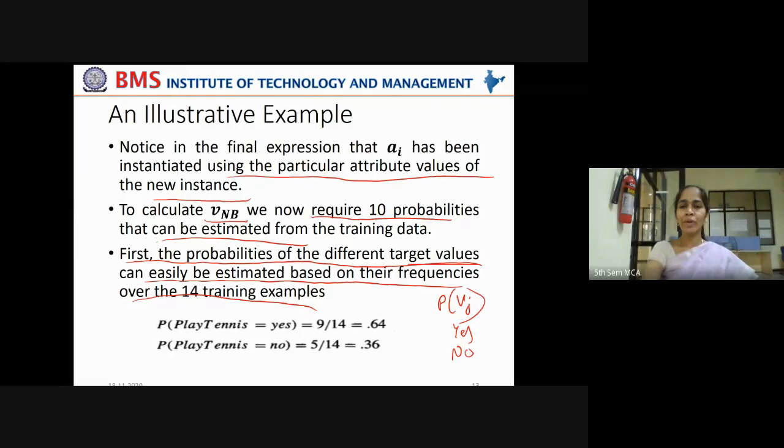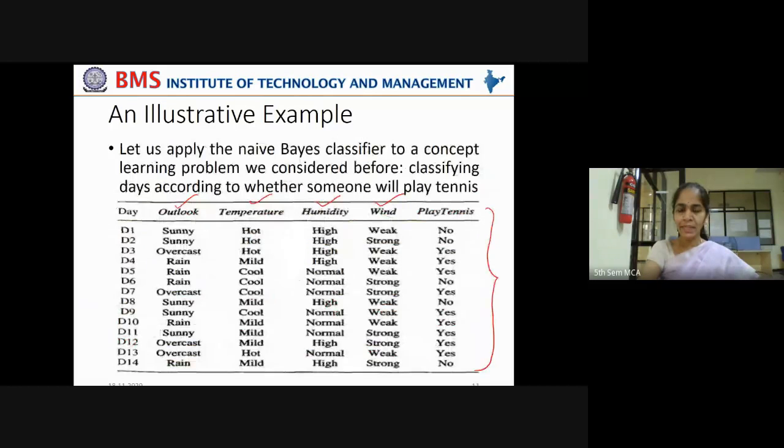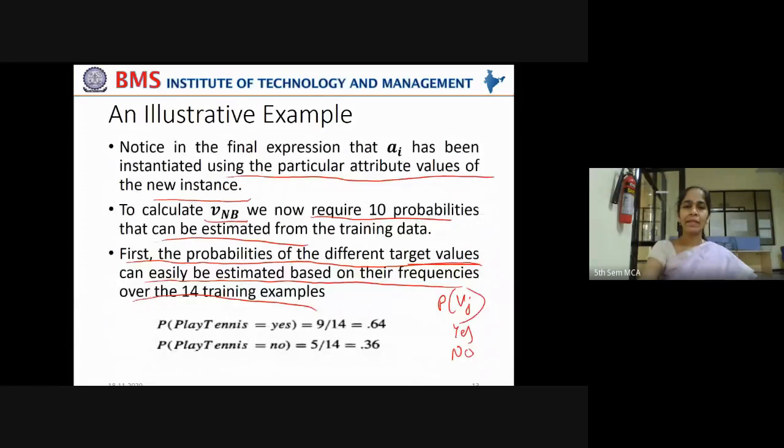Out of 14 training examples here, 1, 2, 3, 4, 5, 6, 7, 8, 9 have outcome label yes and 5 of them have outcome label no. That is why the probability of yes is 9 out of 14, that is 0.64.